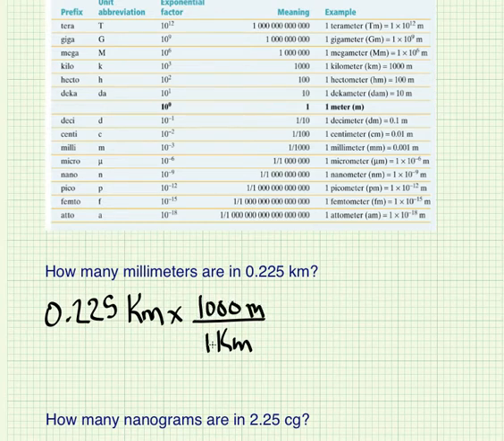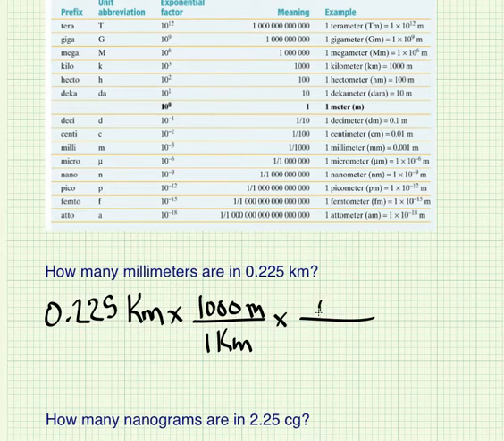That sort of makes sense because remember, a kilometer is a little more than a half of a mile, so kilometers are going to be really large. If I were to stop right now, my answer would be in meters, but I don't want to be in meters. I want to be in millimeters. So the next thing I need to do is get rid of the meters. I'm going to go from my base unit to the prefix milli.